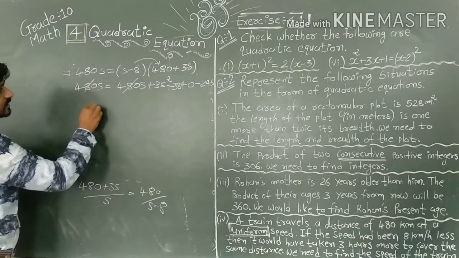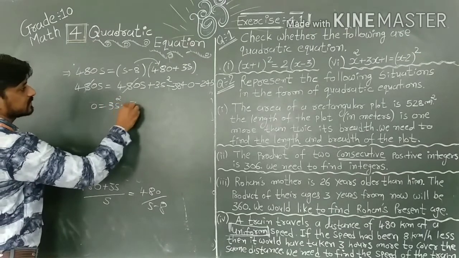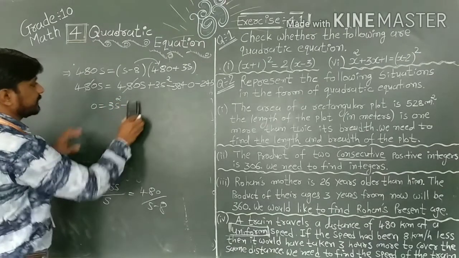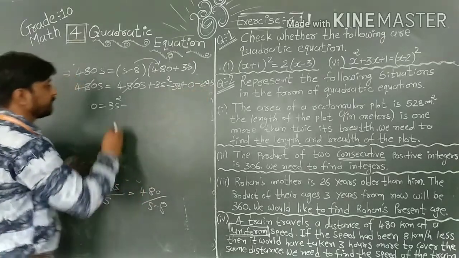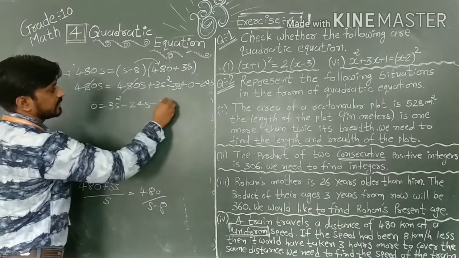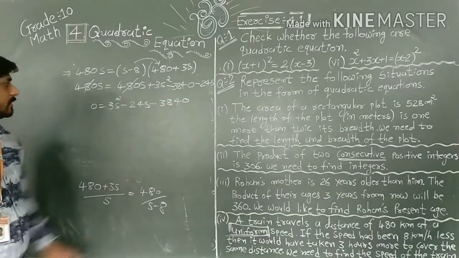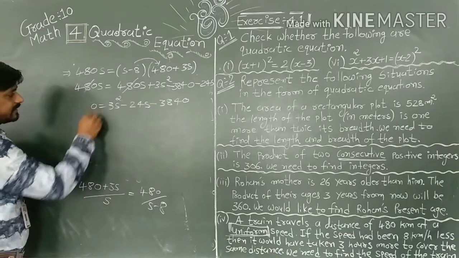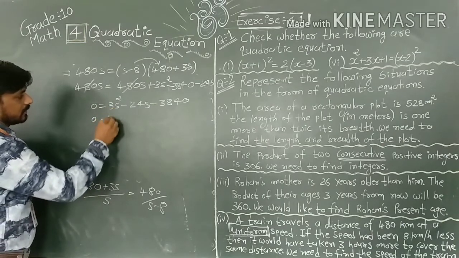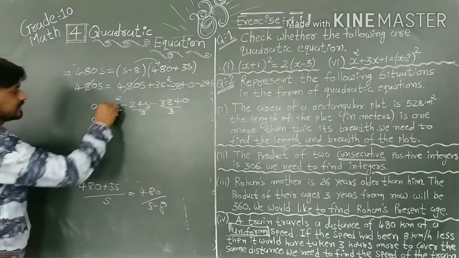That means we have 0 is equal to 3s square minus, I write this one first, 24s, and at last minus 3840. If I divide every term by 3, what happens? 0 upon 3 and upon 3, that means 3 cancels.